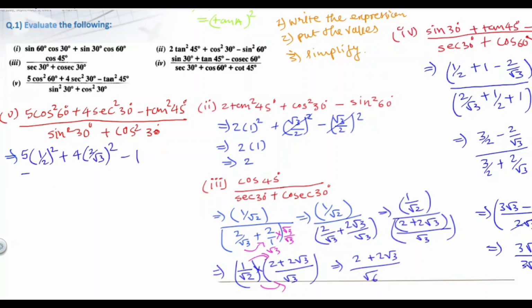Okay, now divided by sine square 30 degree. Sine 30 degree is what? 1 by 2, right? So 1 by 2 whole square plus cos 30 degree. Cos 30 degree is root 3 by 2, so root 3 by 2 whole square. Okay, put these things in brackets too.